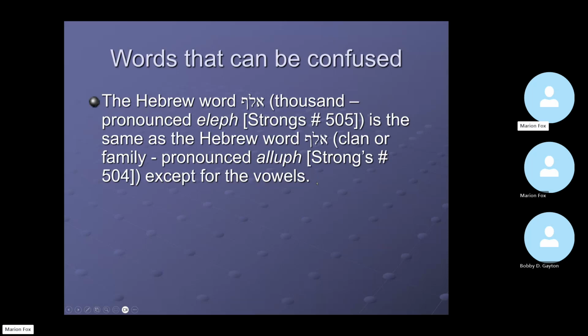Now, the Hebrews also had a way of making their numbers out of letters, like the old Roman numerals we learned when I was in school. They use actually letters to represent numbers: L and X and V and I and M and D and C. And those are most of the letters that were used.